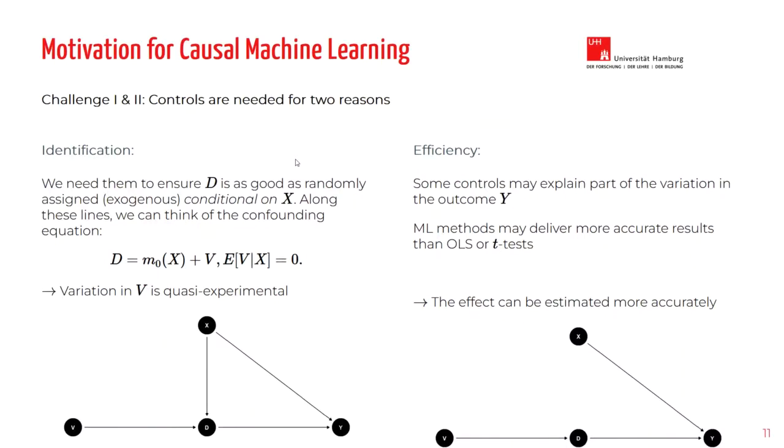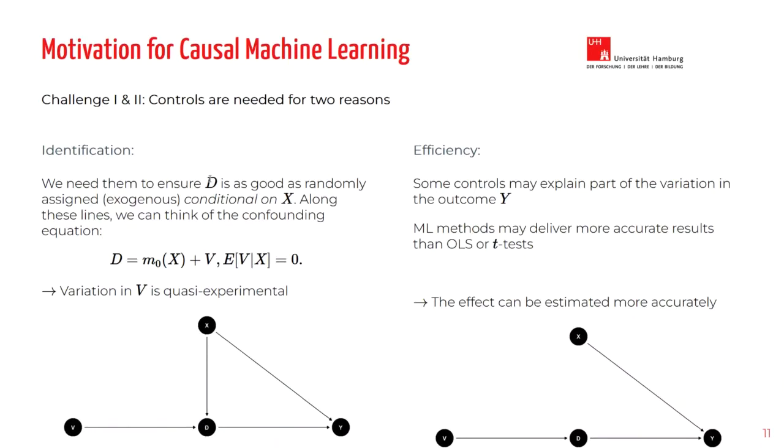And once you control for the X's, you make them comparable. So you don't compare those with high risk who got the vaccination with those with low risk who didn't get the vaccination, but instead you compare those with high risk with treatment and without treatment. So this is a similar or related approach for identification. It's called matching. So basically you can match on the X's and then compare really similar cases to each other.